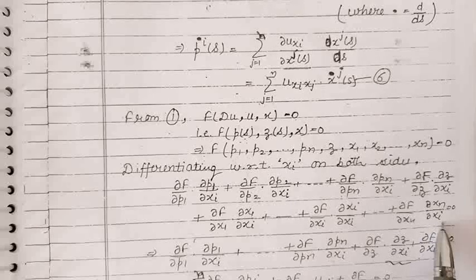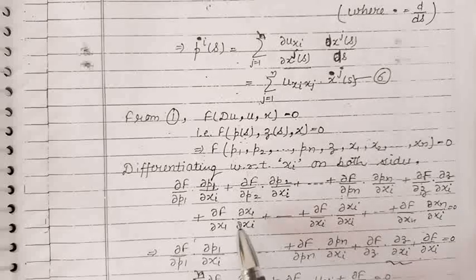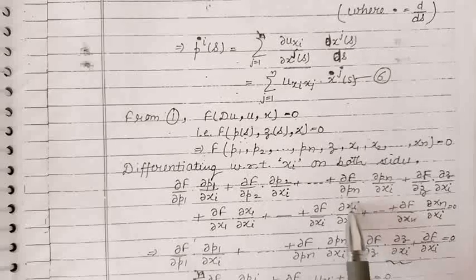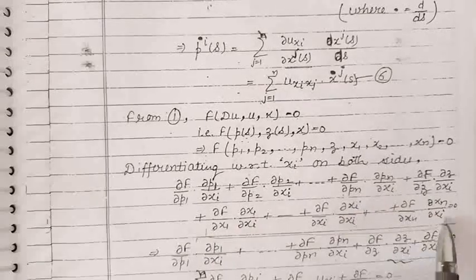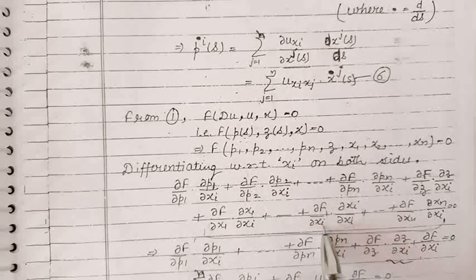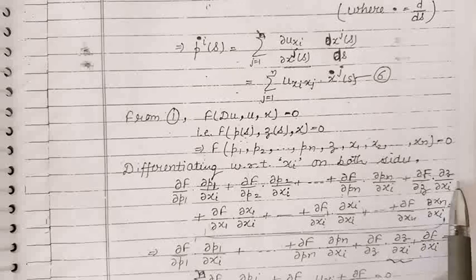Now here, because the partial derivative of xi with respect to xi will be 1, in this expression we will have only one term, curl f by curl xi, and this remaining part we can write as it is.